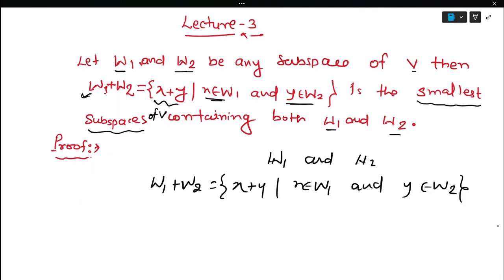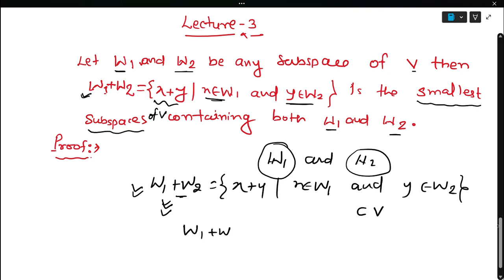This new subset of V will form a subspace of V. It means that for any two subspaces we can construct a new subspace, and the new subspace W1 plus W2 will contain W1 and it will also contain W2.